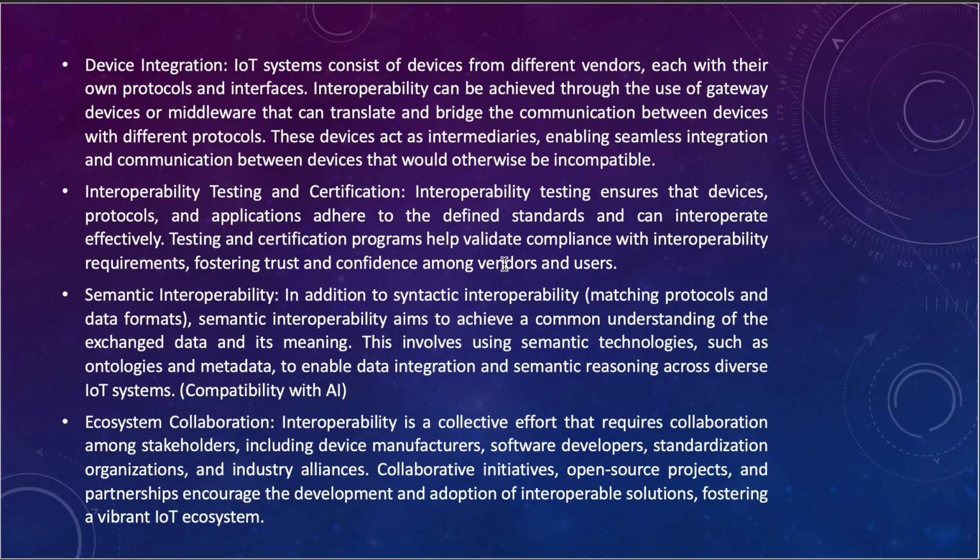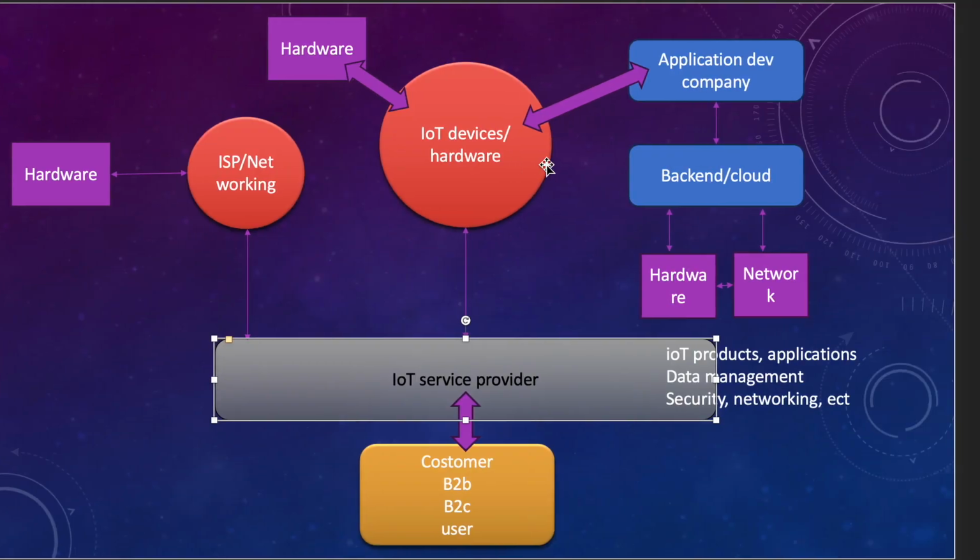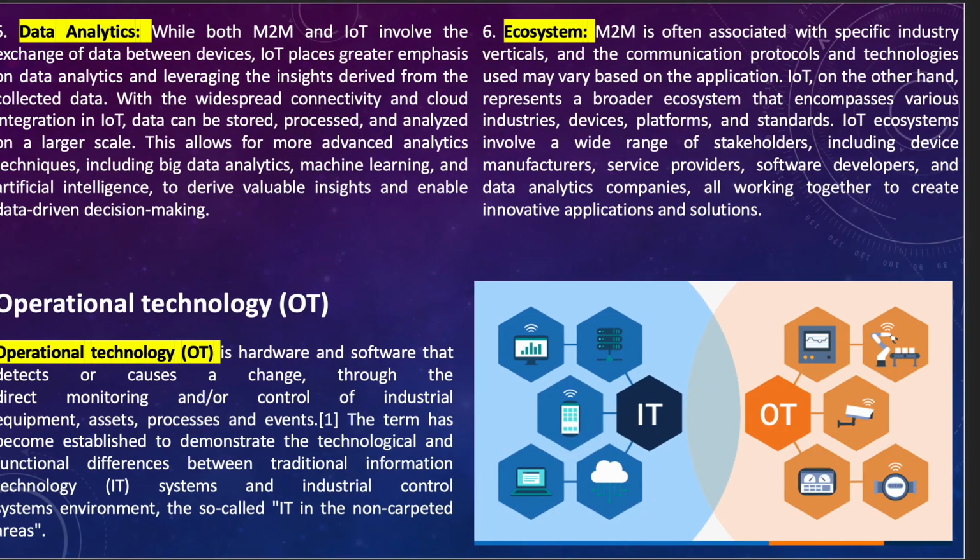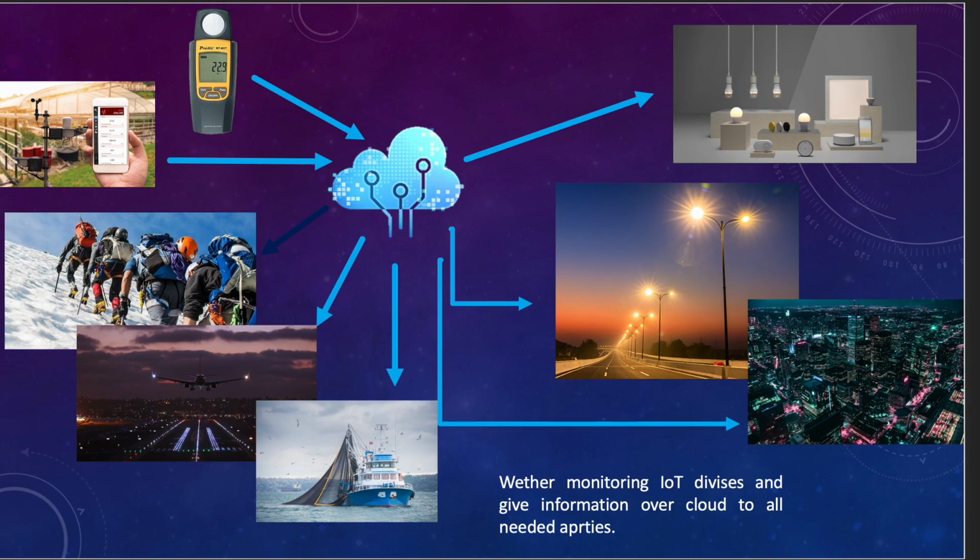Similarly, when we talk about the IoT ecosystem, the very first example that we talked about comes to mind. Here you have a smart city IoT system which relies on weather IoT devices that monitor the weather.